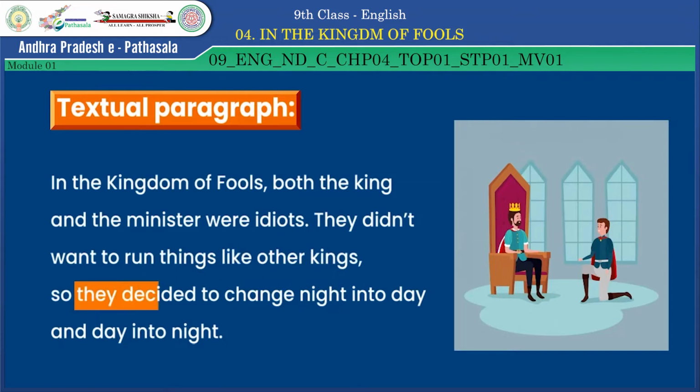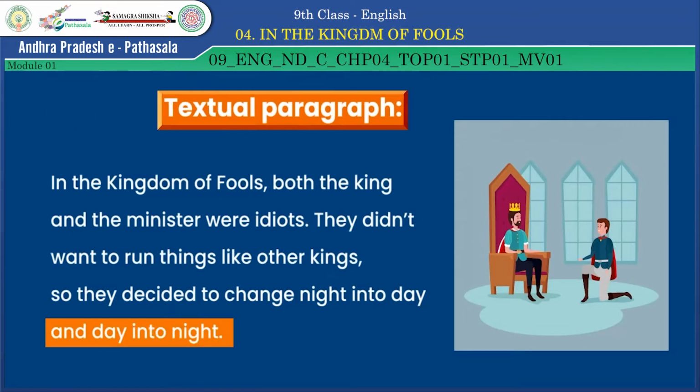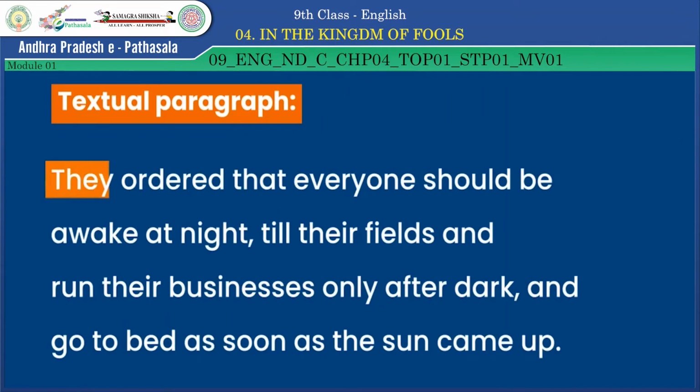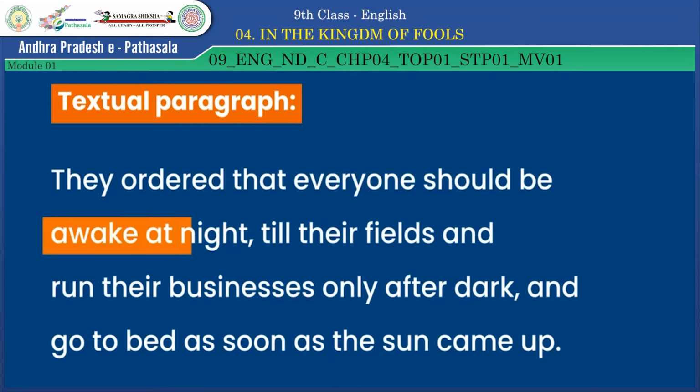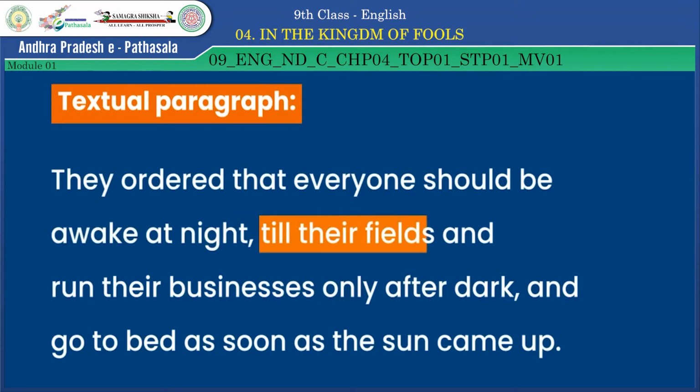Anyone who disobeyed would be punished with death. The people did as they were told for the fear of death. The king and the minister were delighted at the success of their project.